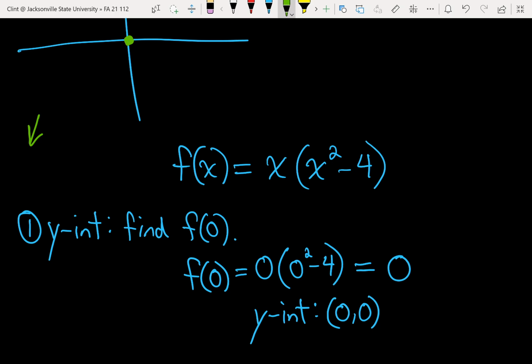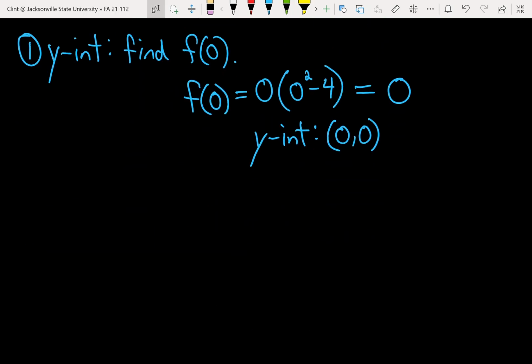Unfortunately, there's probably, on most of these problems, there's probably more than one that will have the same y-intercept also. So we've got one last bit of information, okay, that will 99% of the time get us narrowed down to one choice, okay, on our graphs. That's finding the x-intercepts.